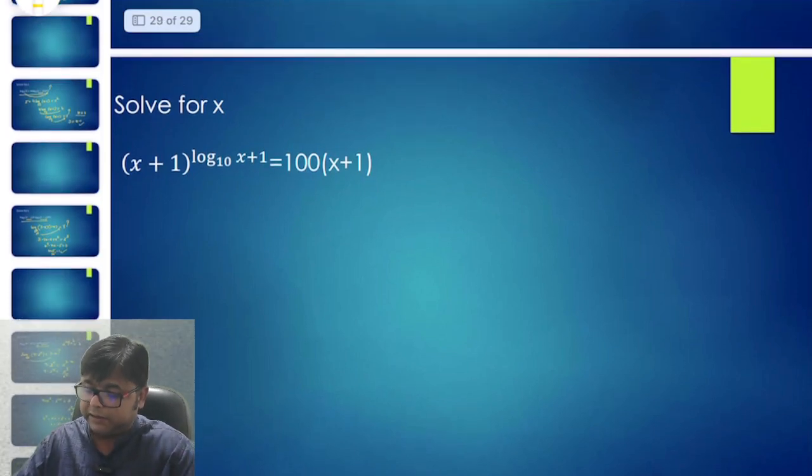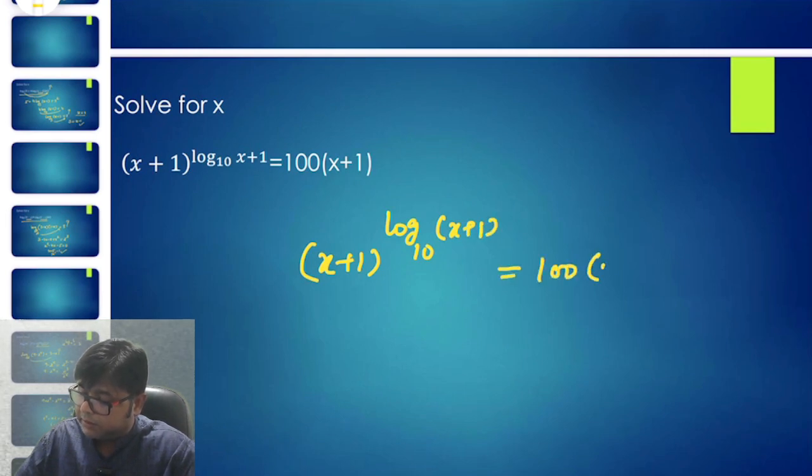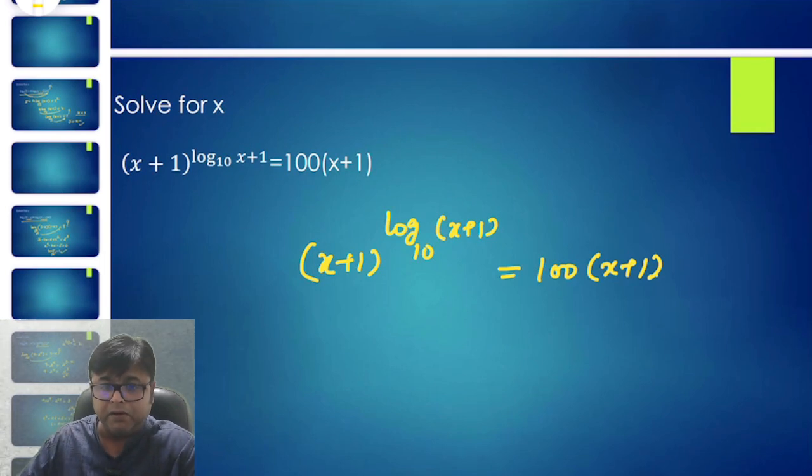Okay, let's move on to the last one now. So it says that x plus 1 to the power log base 10 x plus 1 is equal to 100 times x plus 1. So this is what I have obtained.